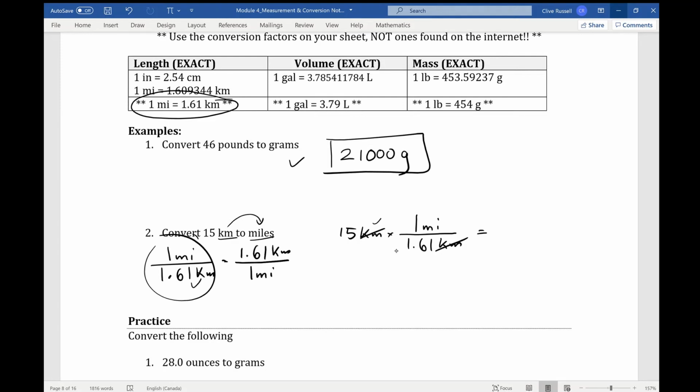If you divide, you're going to get 9.31677019 miles. But clearly that's just too many significant digits. Our original measurement had just 2 significant digits, so we have to round to 2 significant digits. It's going to be 9.3 miles. And that's our answer.